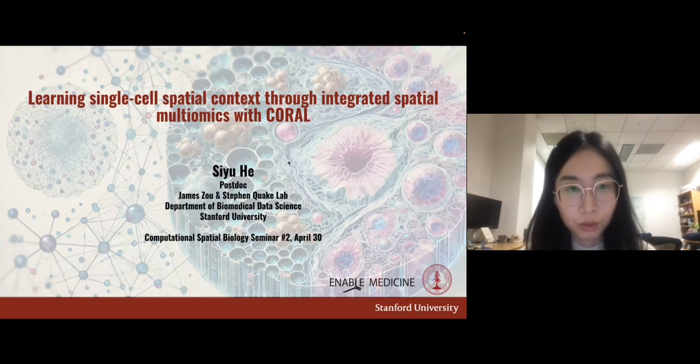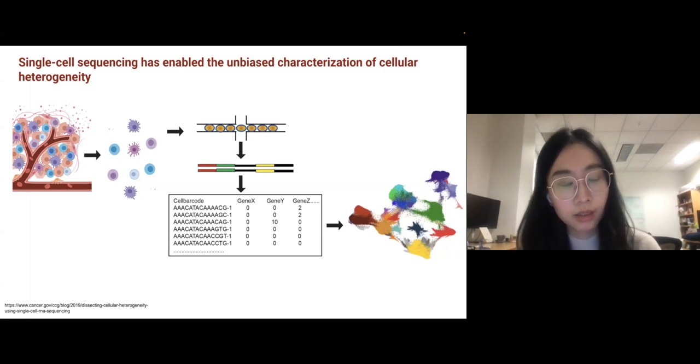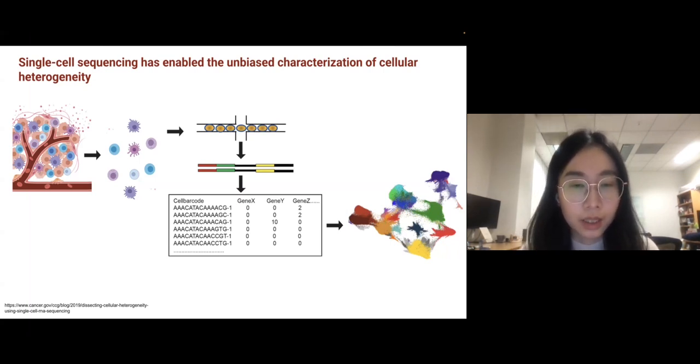So I will probably start by reminding you that in the last couple of decades, single cell sequencing has had the power to enable the unbiased categorization of cellular heterogeneity. We're able to dissociate the tissues into individual cells and use these technologies to profile gene expression at the whole genome level.